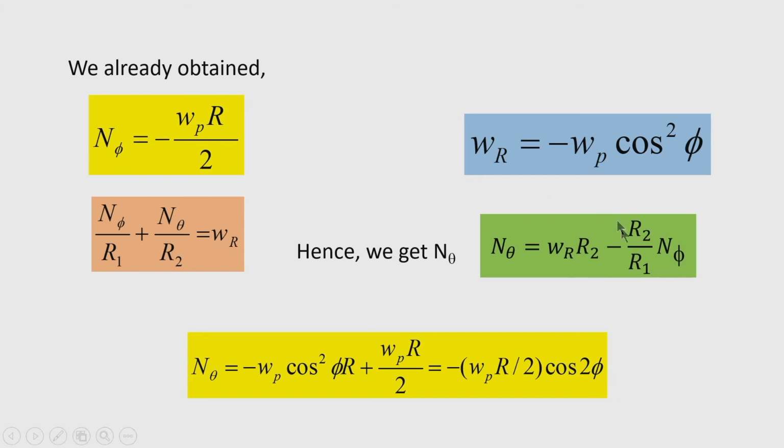N theta of course varies with phi, and let us see how it varies and where n theta changes its sign. So, it can be readily verified from this expression. When phi is equal to 45 degree, that is pi by 4, the n theta from compression changes to tension.